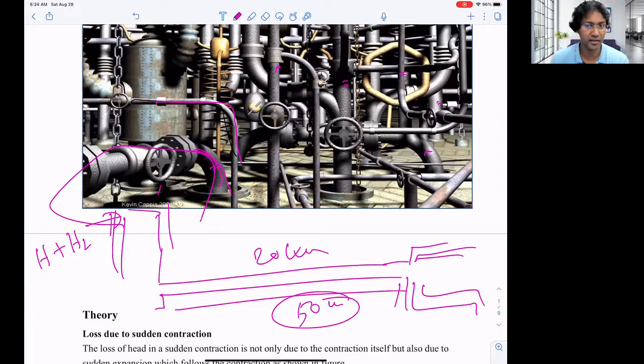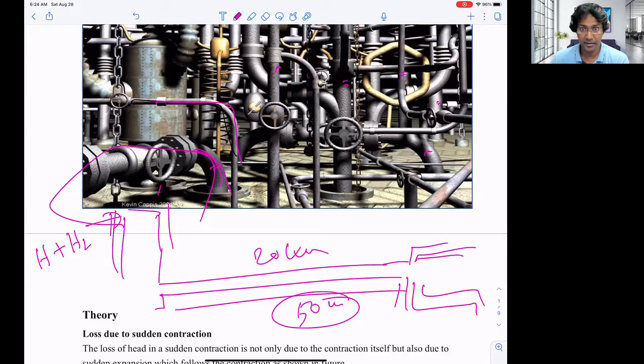Other than fittings, we need to know these losses because we'll use this type of sudden contraction and expansion joint a lot. That's why it is very important, and this is the practical application. In order to design any water distribution system, we need to know the losses, including the major loss and minor losses as well.